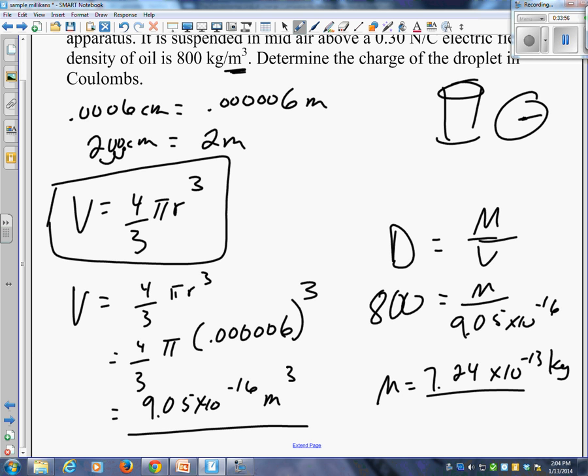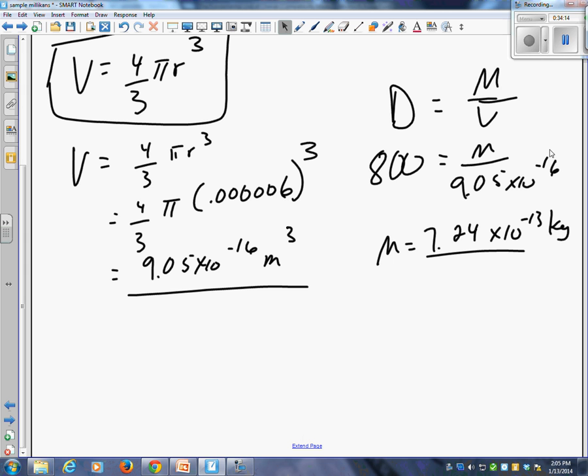All right, so Steve just asked a really good question. He said, now that we have the mass, are we at the stage that we were in the first 2 examples? And the answer to that is yes, we are. You've now gotten to the point where you've got the mass to determine the charge in the droplet in coulombs. If you want to do that, now we go to this type of thing, electric force, weight force.